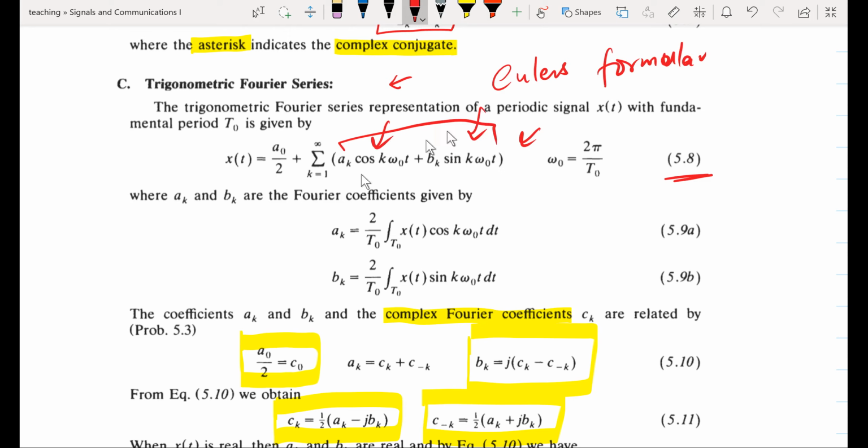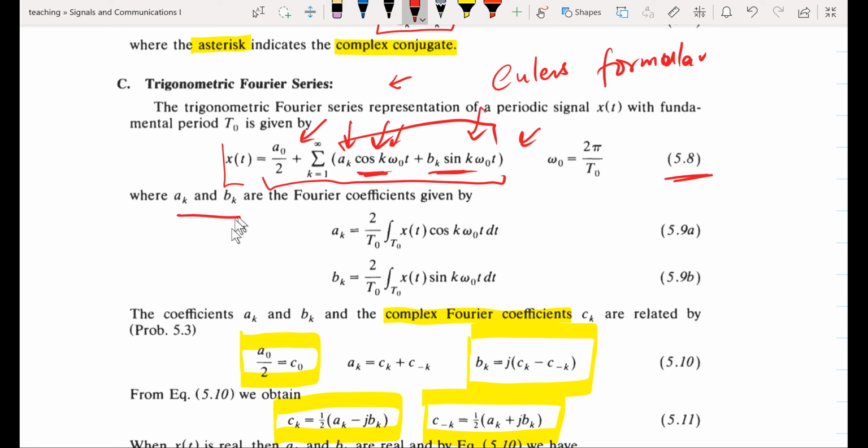So if we just take it as such, then the definition of our periodic function x(t) may be expressed as a constant plus the sum of trigonometric functions, expressed as sine and cosine, each of which has a Fourier coefficient a k and b k.